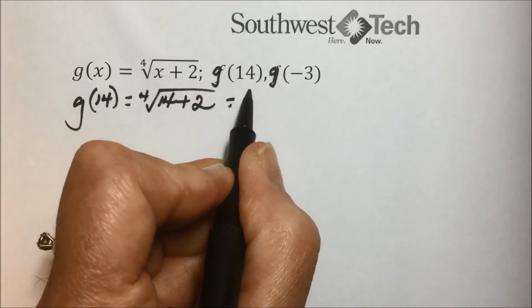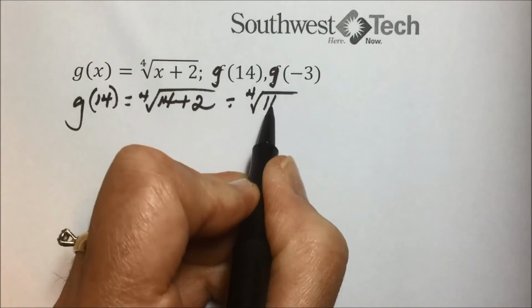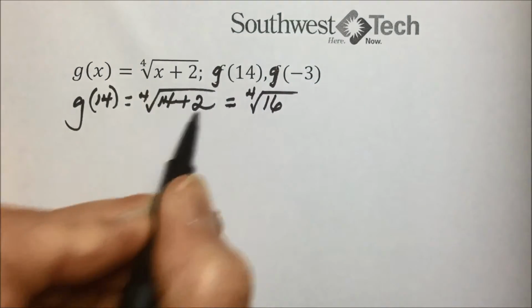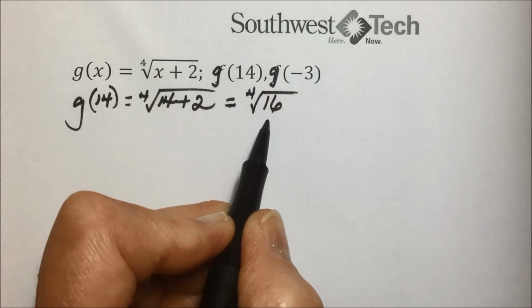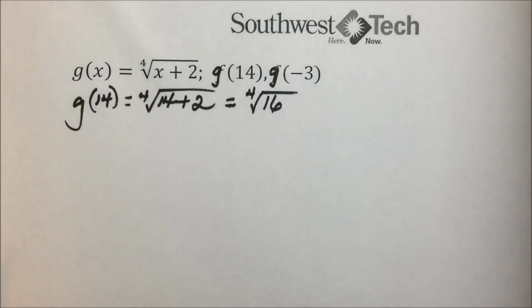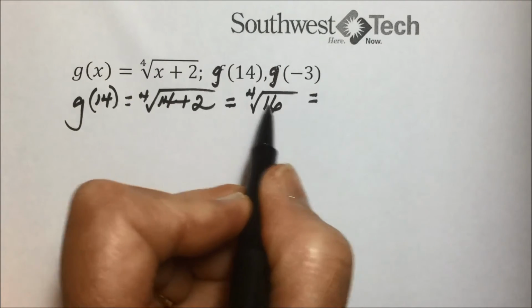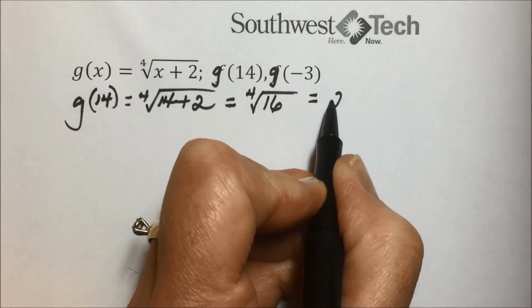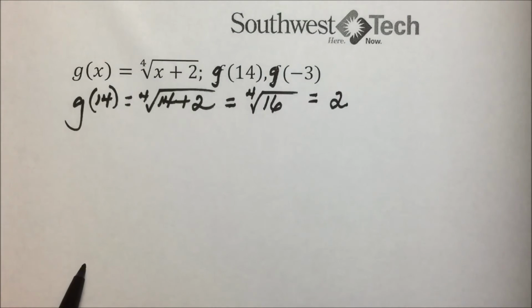They're asking us then for the fourth root of 16, which is what number times itself gives us 16 4 times. Well, 2 times 2 is 4 times 2 is 8 times 2 is 16. So the fourth root of 16 would be positive 2.